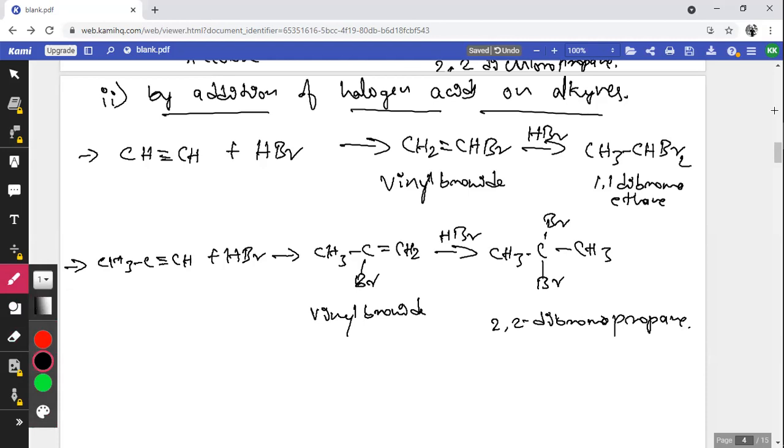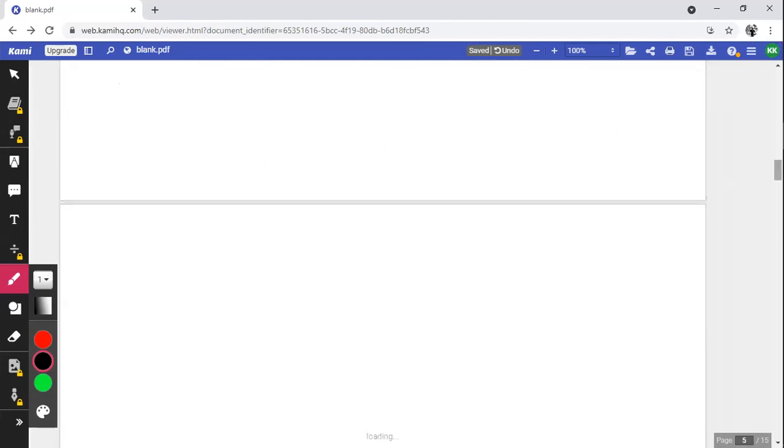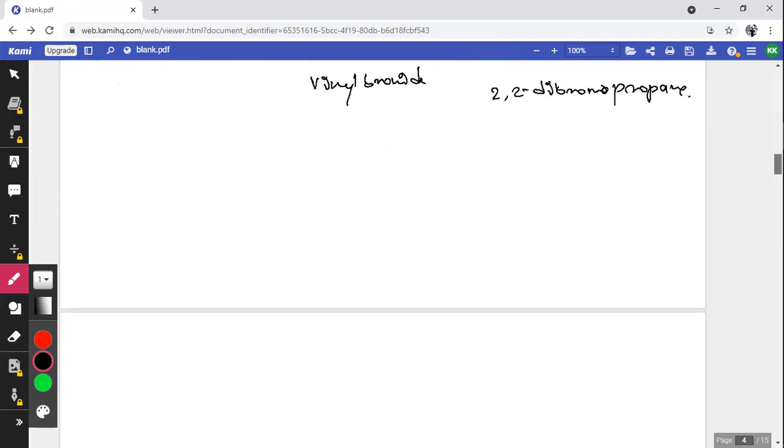Then we'll go for the preparation of vicinal dihalides, or vic dihalides. How can we prepare vicinal dihalides?